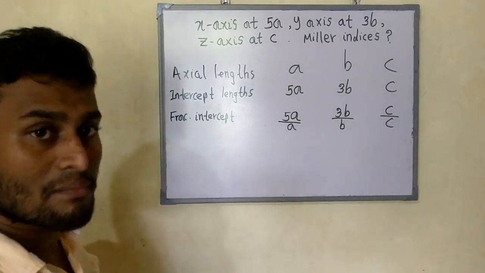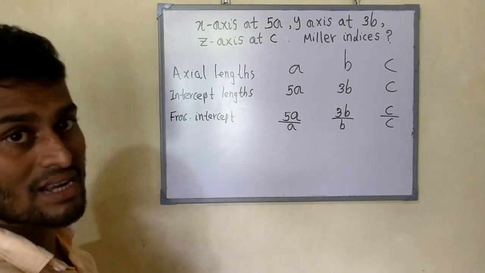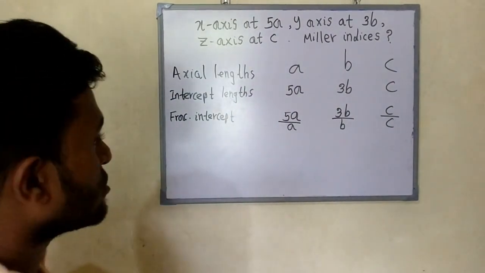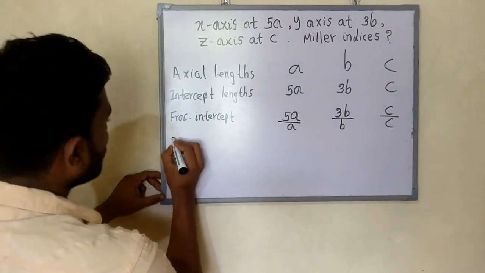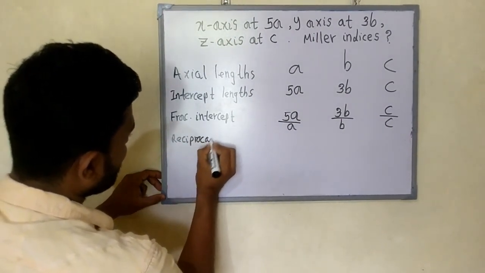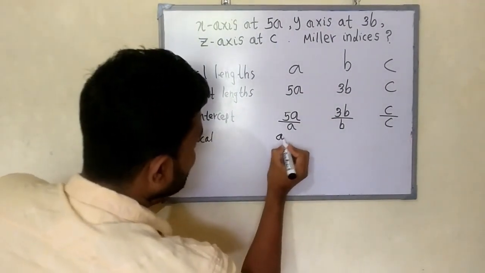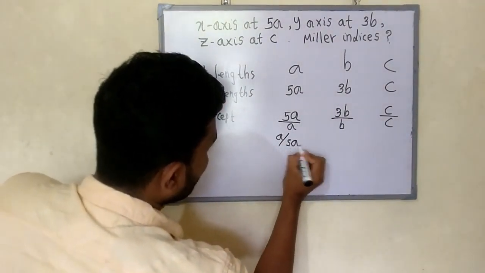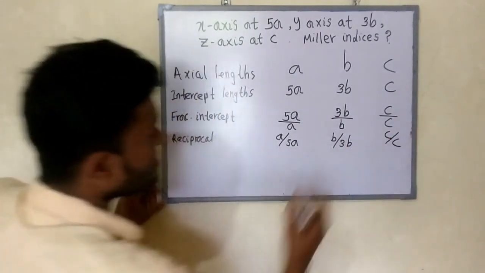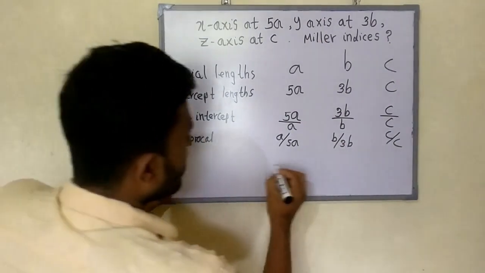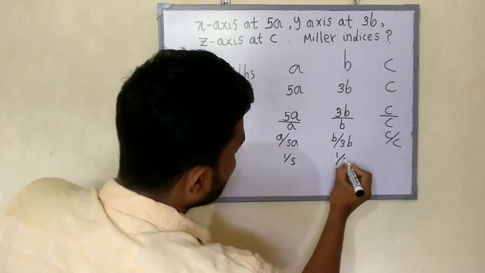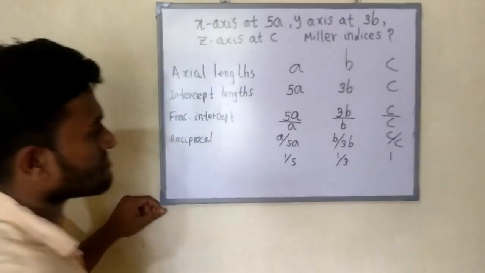So how do we define Miller indices? It is the reciprocal of the fractional intercept. So now we can go directly to the reciprocal. The reciprocal is a over 5a, b over 3b and c over c. So your values are 1 over 5, 1 over 3 and 1.